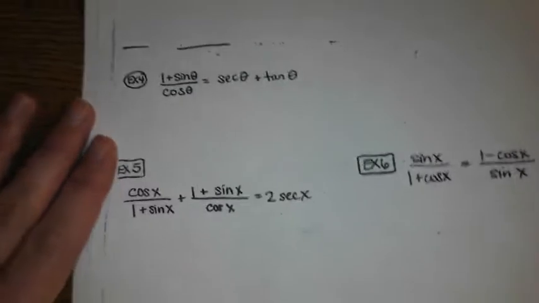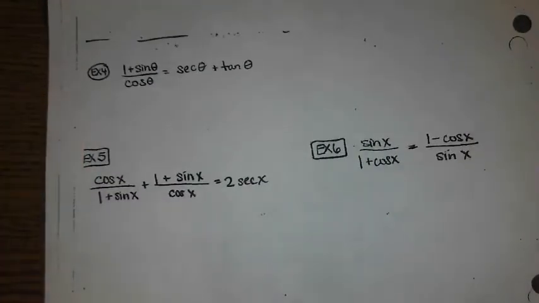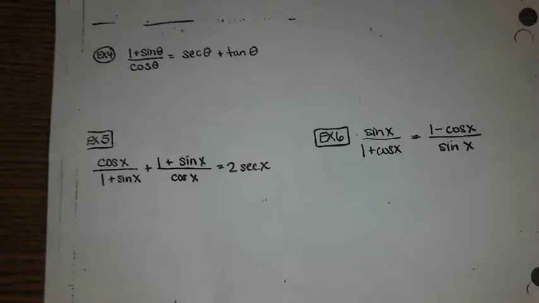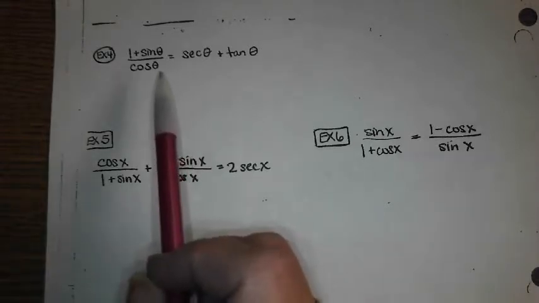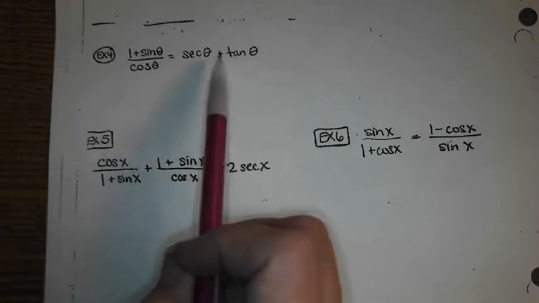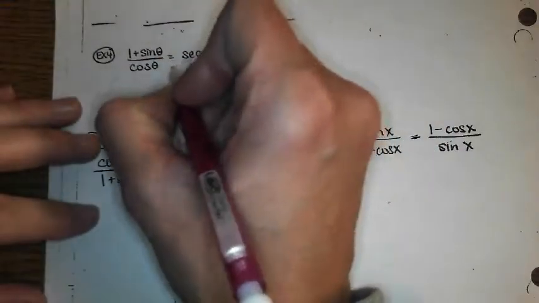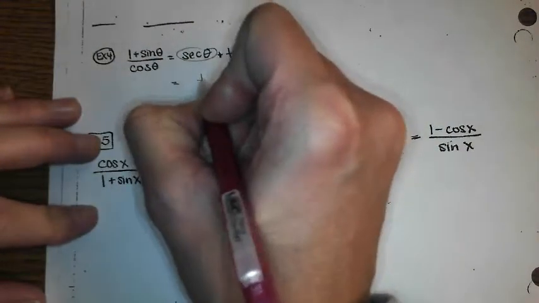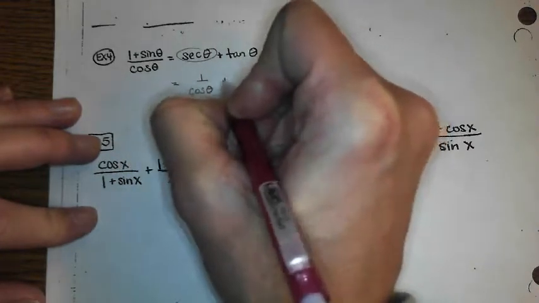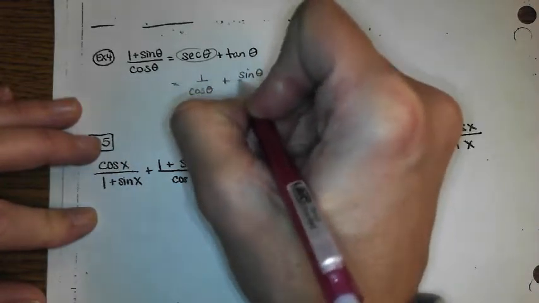Okay, and also I will add to that there are multiple ways to do the same problem. There's not just one way to prove it. So everyone's work on a proof I'd have to evaluate separately. So on this next one, I do have sines and cosines on the left, not on the right. So I'm actually going to start with the right here and make this 1 over cosine, and this one sine theta over cosine.